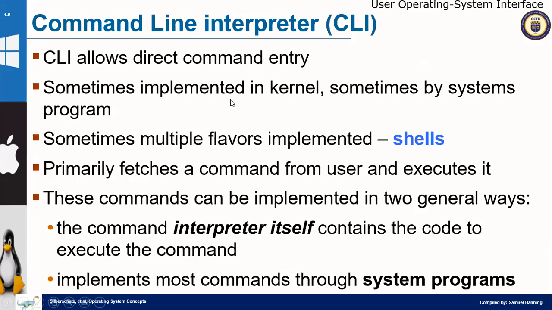This is sometimes implemented in the kernel. What it means is that, with the command prompt that I opened, that black screen, sometimes the interpretation for some of the commands that we enter is inside the command prompt itself. Let me go back and share the screen again.